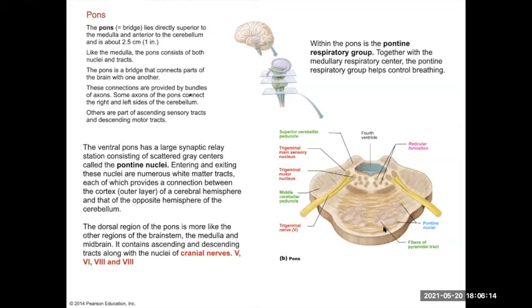The pyramidal tract to the spinal cord is still going down there. You also have the so-called pontine nuclei, which are groups of neurons passing information from the cerebrum to the cerebellum. So there's also a lot of coordination of body movement going on with these pontine nuclei. And then a couple of specific cranial nerves are located over here.